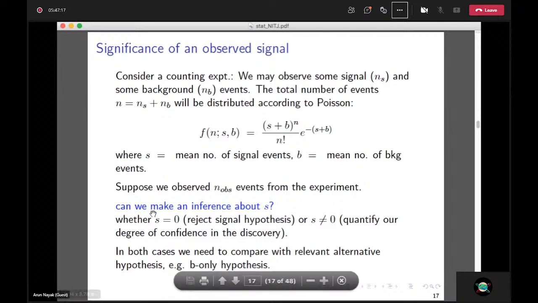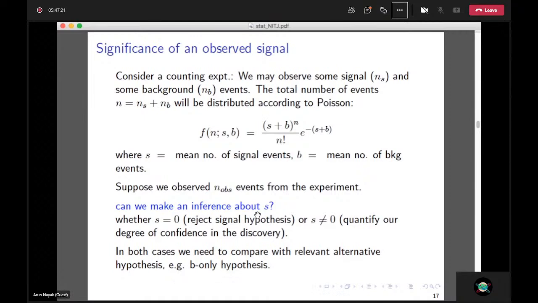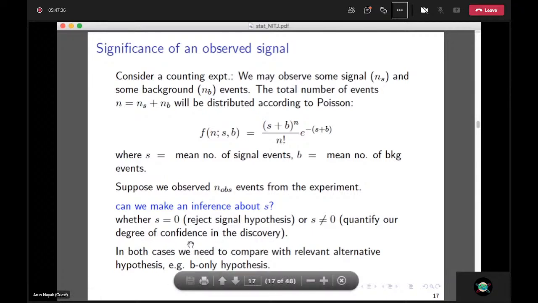If we find S is 0, then we can reject the signal hypothesis, or if we find S is non-zero, then we have to quantify our degree of confidence in the discovery. That means how significant the signal is. In both cases, we are comparing with the relevant alternative hypothesis, that is the background-only hypothesis.